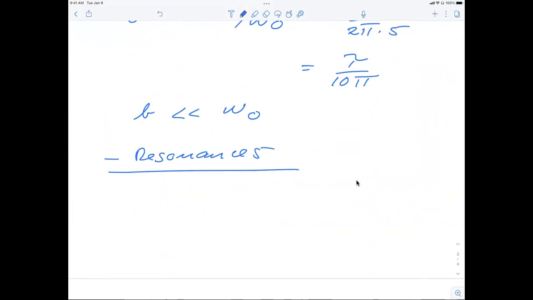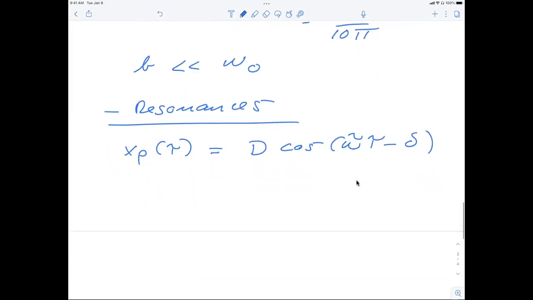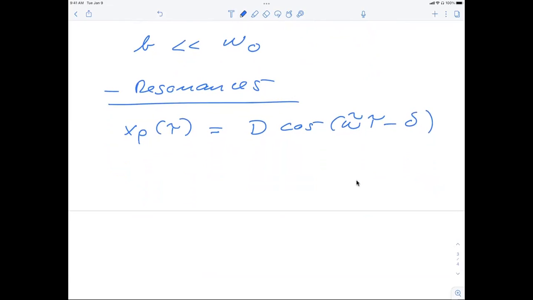So when we look at this particular solution here, x_p of tau, this was given by an amplitude D times a cosine of this dimensionless frequency times tau minus this phase shift delta. Now, what we did last week, before spring break, was to derive this quantity, which is given by this particular force which we're applying.